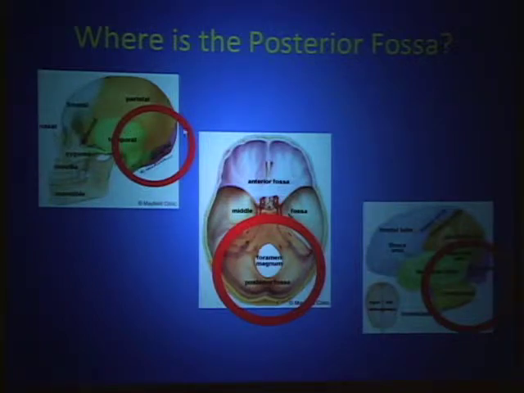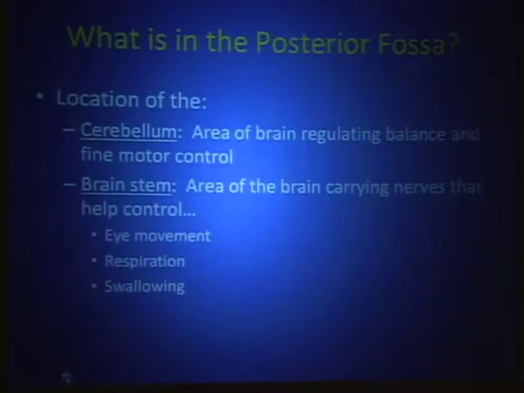Now when we look at the posterior fossa, it's this area in the back, and here you can see the cerebellum and the brainstem. So a lot of the patients we see in PHACE will have posterior fossa abnormalities. If the cerebellum is affected, the cerebellum is an area that regulates balance, movement, and coordination, so they might have difficulties in this area.